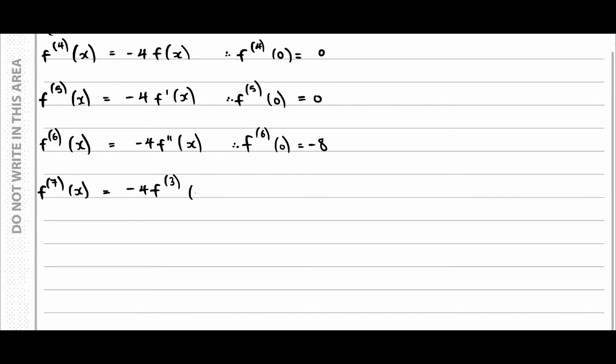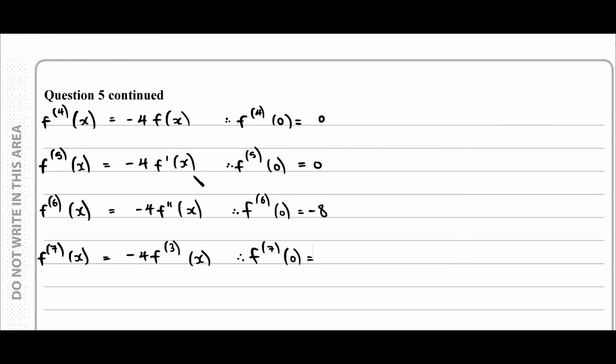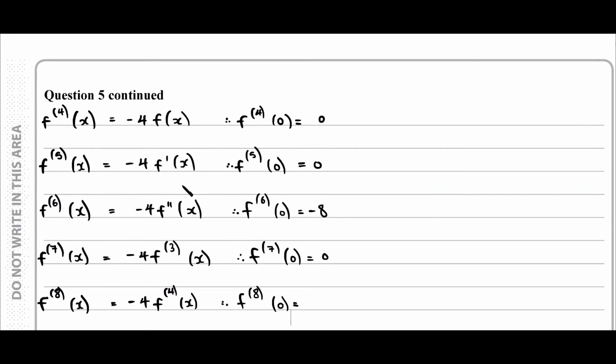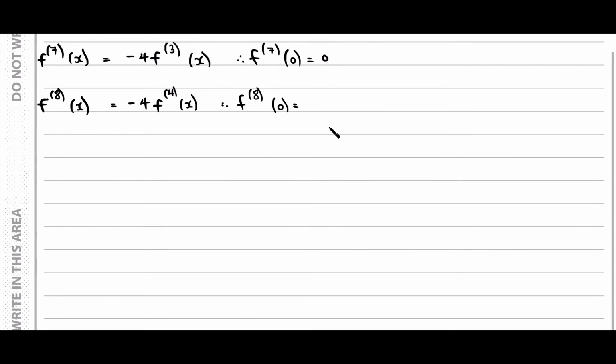So therefore, the seventh derivative at the point x equals 0, the third derivative, we found that to be 0. So we have minus 4 times by 0, which is 0. The eighth derivative is equal to minus 4 lots of the fourth derivative. So therefore the eighth derivative at the point x equals 0, the fourth derivative, we found that to be 0. Minus 4 times by 0, that's 0.